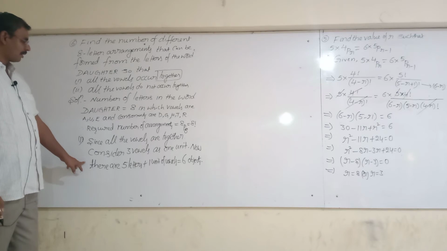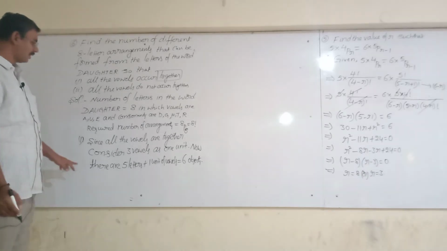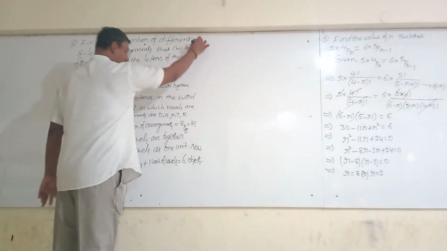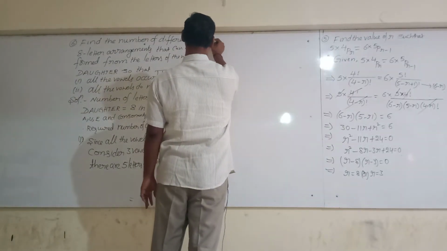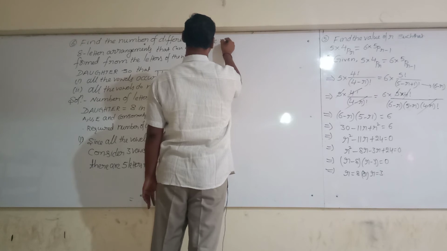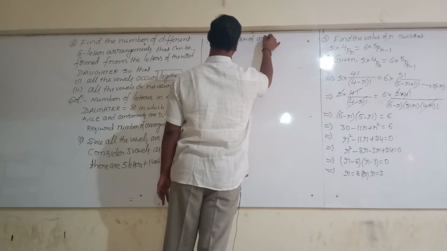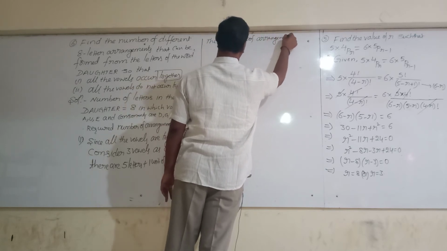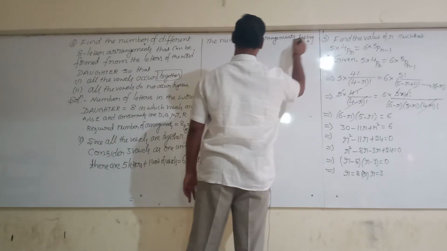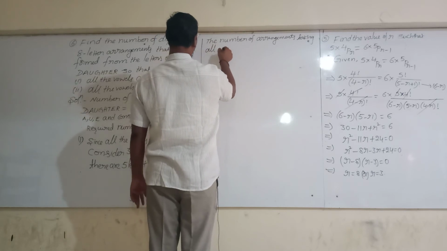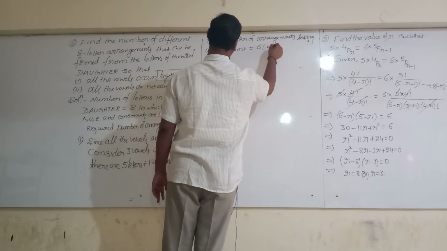So the number of arrangements taking 6 objects at a time, taking all at a time, is equal to 6 factorial ways.